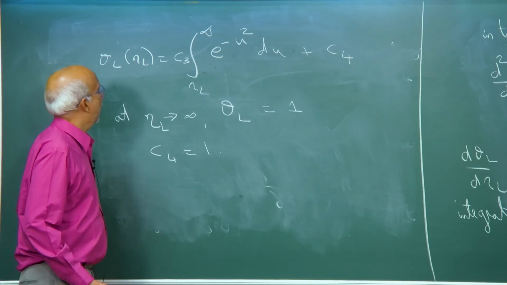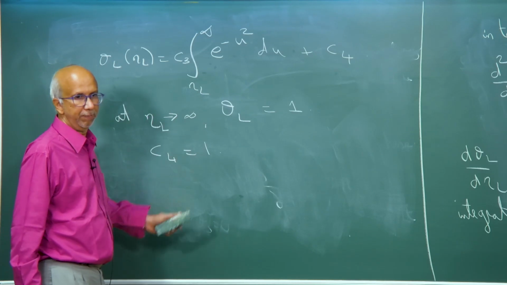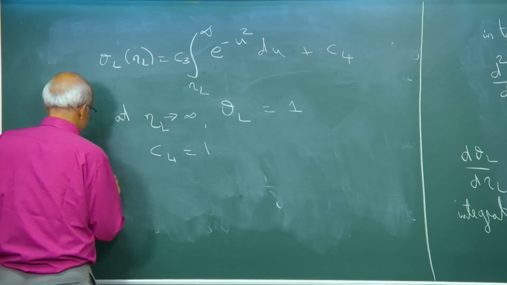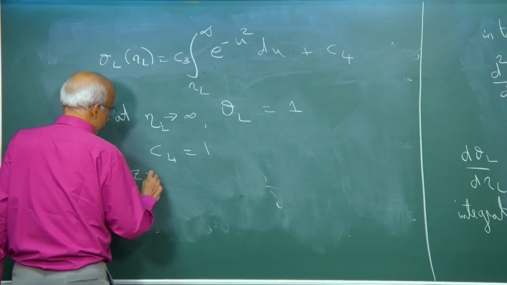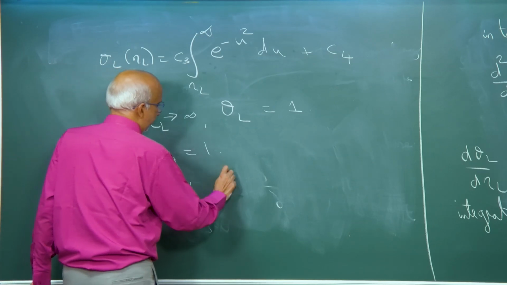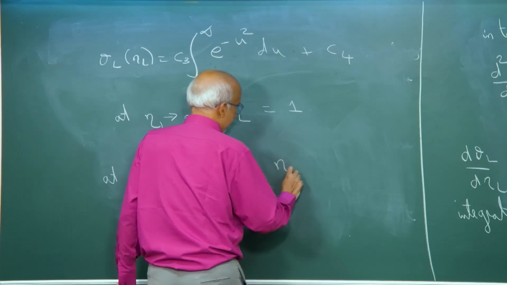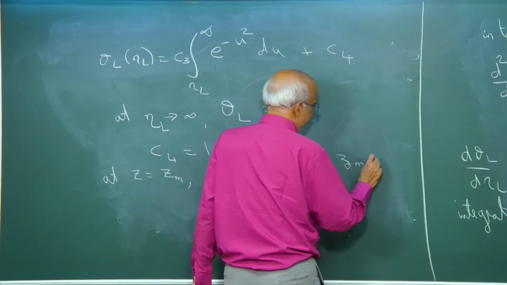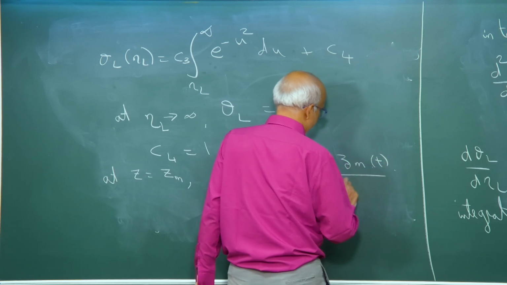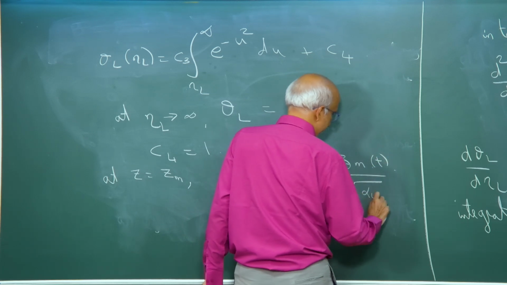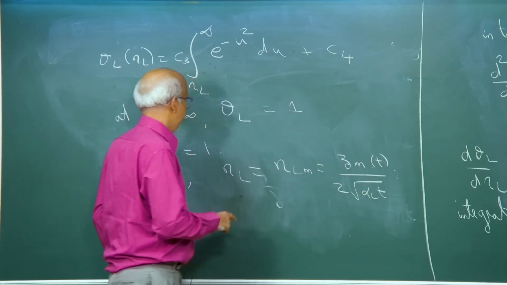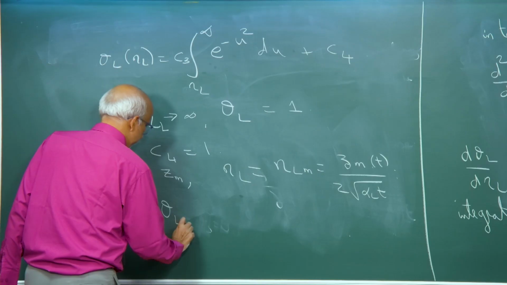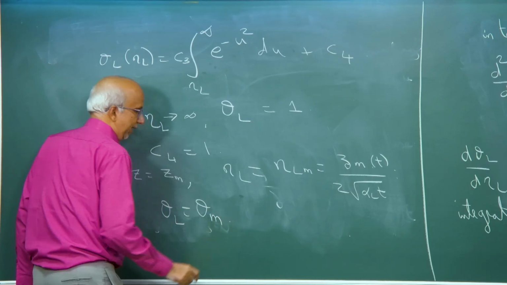And how do I find C3? I put in the other boundary condition. The other boundary condition is at Z equal to Zm, or eta L equals eta Lm, which is Zm of t divided by 2 times square root of alpha L t. At eta Lm, theta L is equal to theta m, the melting point.